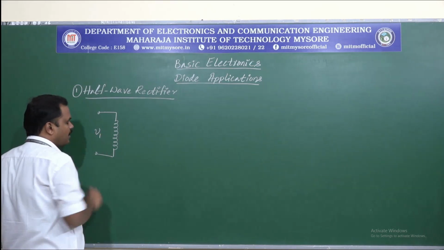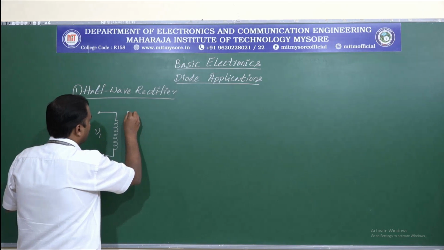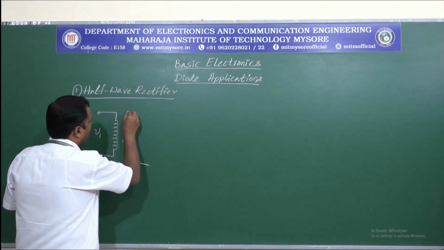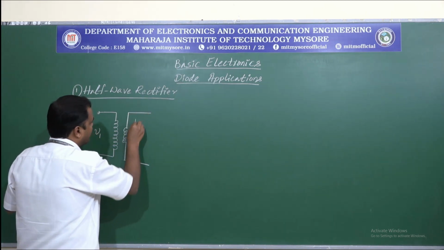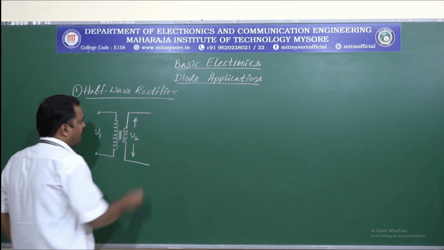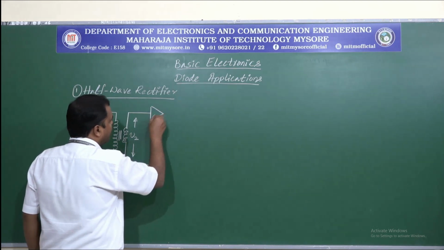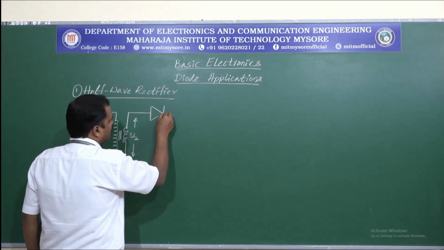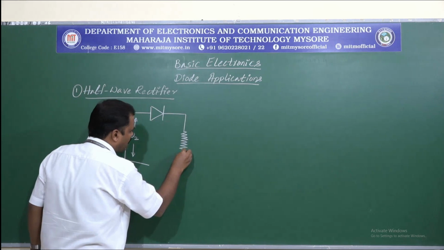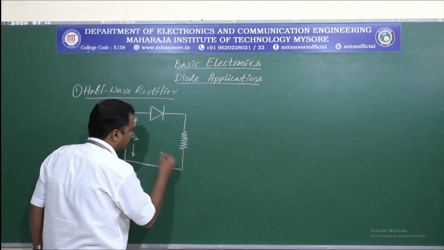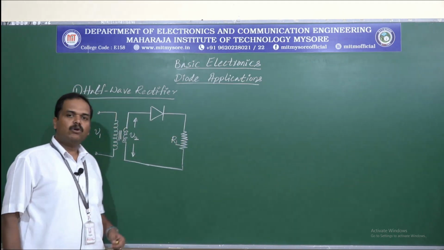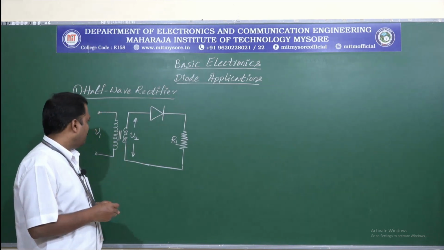Let us say this is V1 and we have secondary coil across which we will be having the secondary voltage represented as V2. And here let us consider the diode connected like this, and further let us consider a load resistance RL. So, this is the circuit diagram what we have for the half wave rectifier.